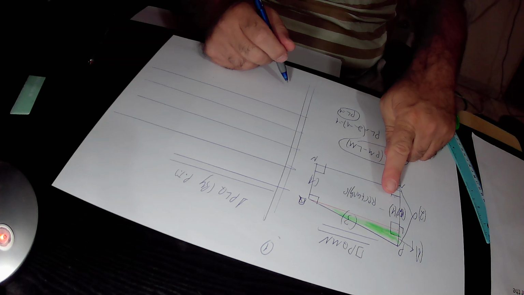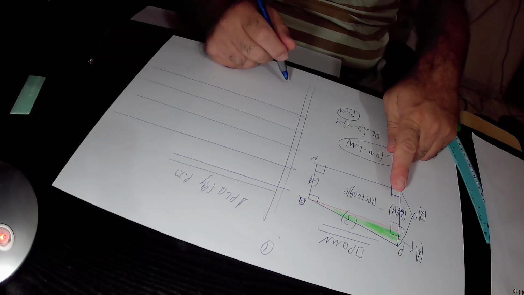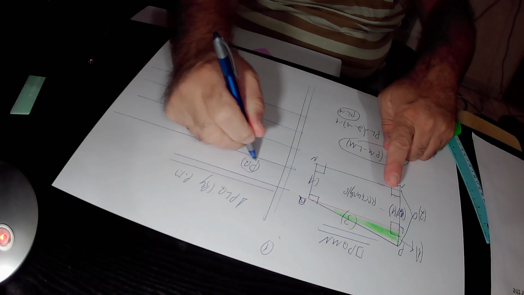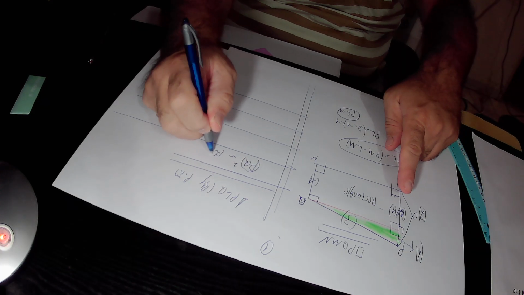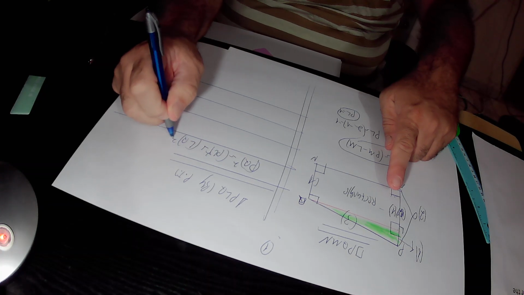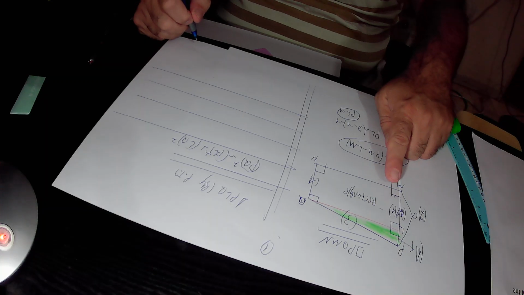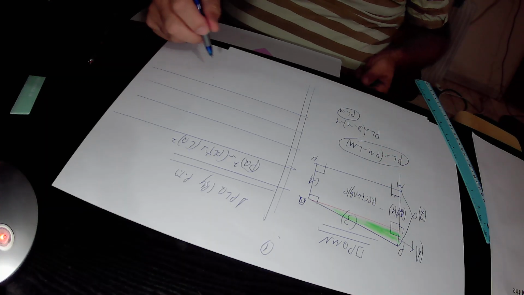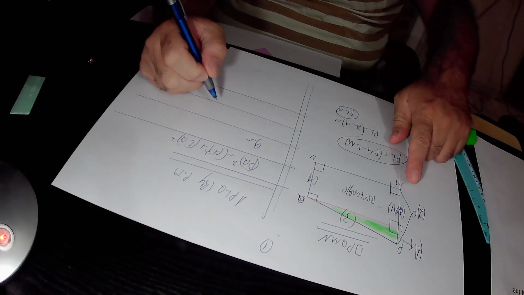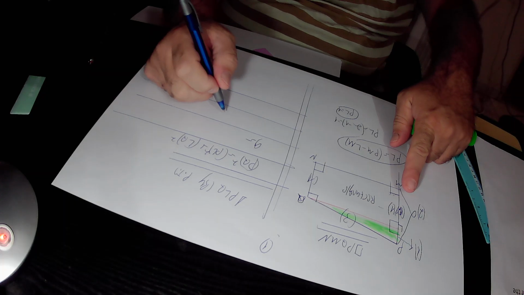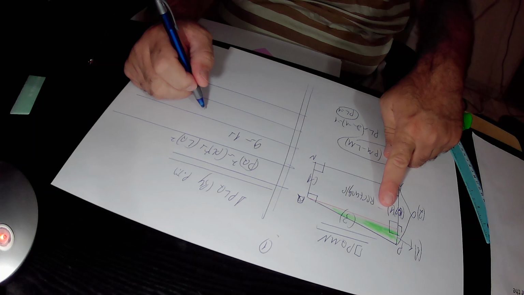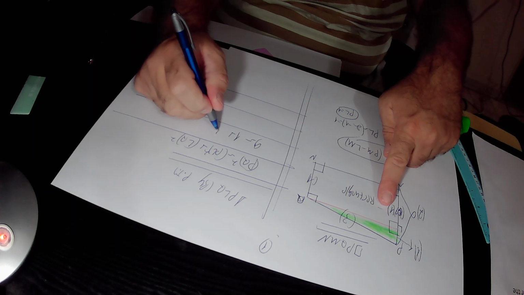In this right triangle PLQ, PQ is the hypotenuse, so PQ square is equal to PL square plus LQ square. PQ is 3, therefore PQ square is 3 squared, that is 9, and it equals PL square. PL is 1, therefore PL square is 1 squared, that is 1, plus LQ square. LQ is the missing side, so we leave it as it is: LQ square.